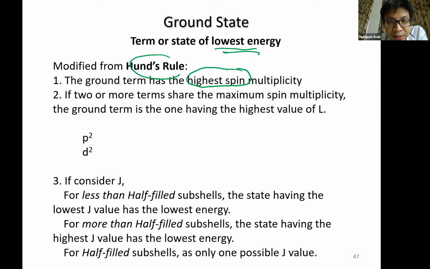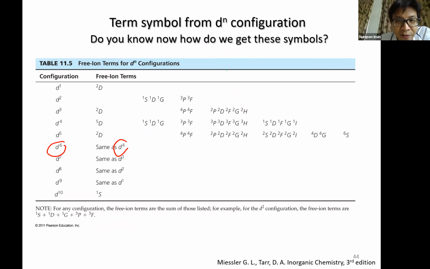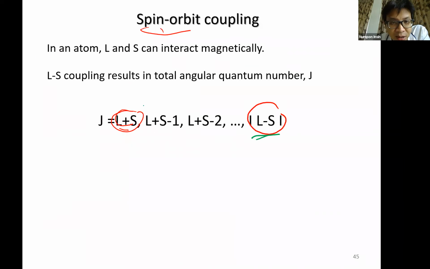Okay, so if your system has many states, for example, D2, you got this one. So you know for sure that the answer can be one of these. By Hund's rule, they care about spin multiplicity. So either triplet P or triplet F is going to be the ground state, not the singlet term.